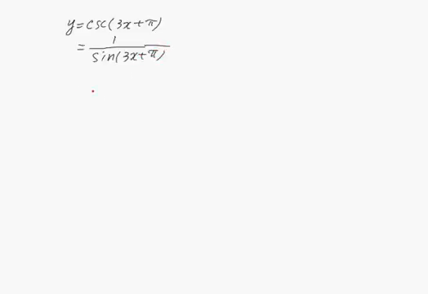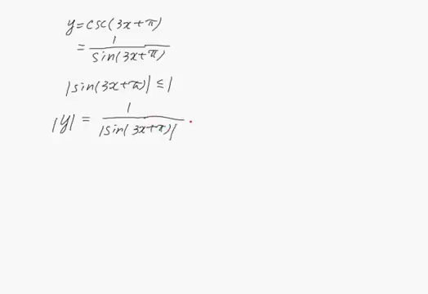And we know the absolute value of sine is less than or equal to 1. That means the absolute value of y, which is equal to 1 over the absolute value of sine of 3x plus pi, is greater than or equal to 1. You divide both sides by this absolute value.